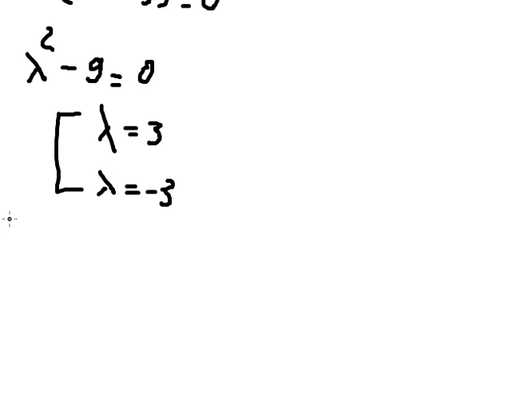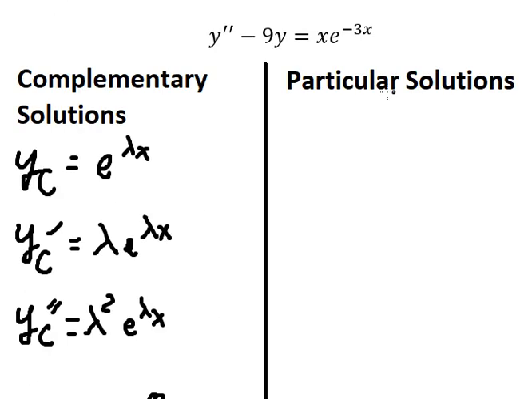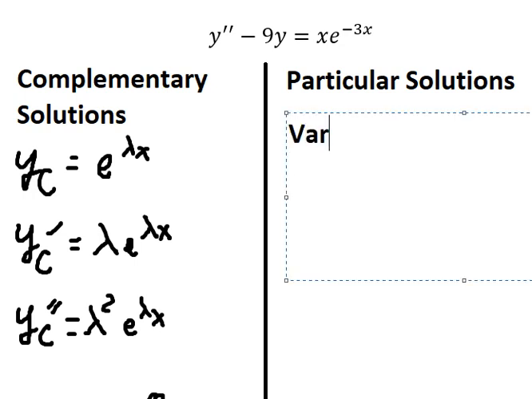So this one, we have yc. That is c number 1, e to the power of 3s, and we have c number 2, e to the power of negative 3s. They are the constants in here. About this one, we can use variation of parameters.